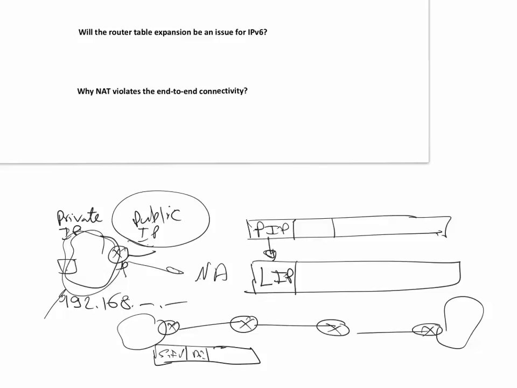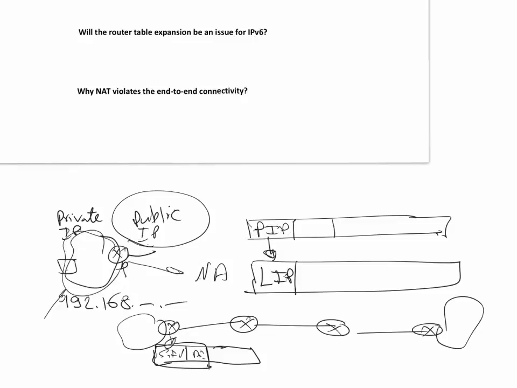Therefore, this logical address, the set of the source and the destination addresses, can be used to identify the end-to-end communication, because it does not change, right? NAT violates this. NAT actually changes the source IP address from private to public. So it violates that concept.